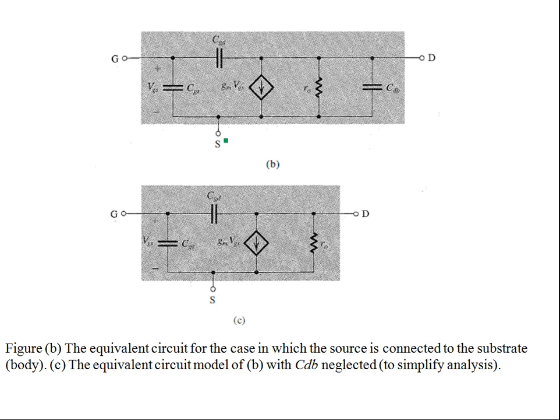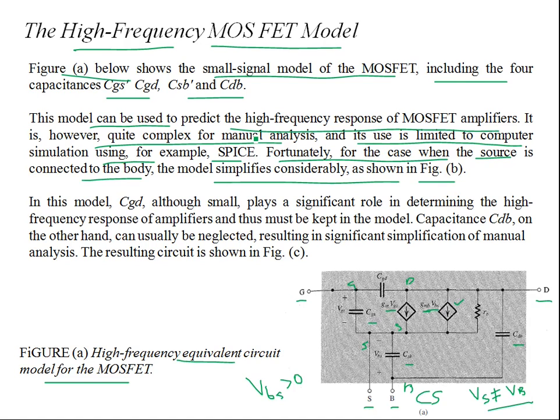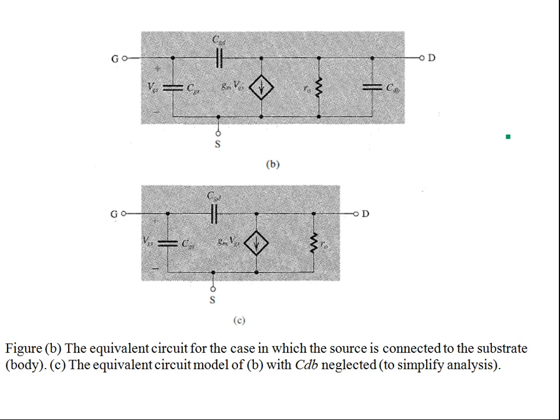So the capacitance between source and bulk vanishes. That capacitance is gone, and you're left with 3 capacitances, where before we had 4. CSB has vanished, and we are left with CGS, CGD, and CDB. Those are still there.